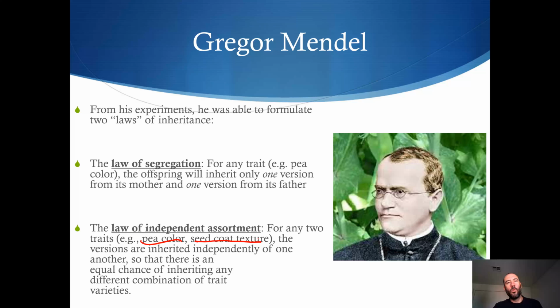Actually, when we learned later on about chromosomes, we learned that some areas are more likely to pass on together because of where they're located. So let's say here is a gene for eye color, and shortly thereafter is a gene for hair color.